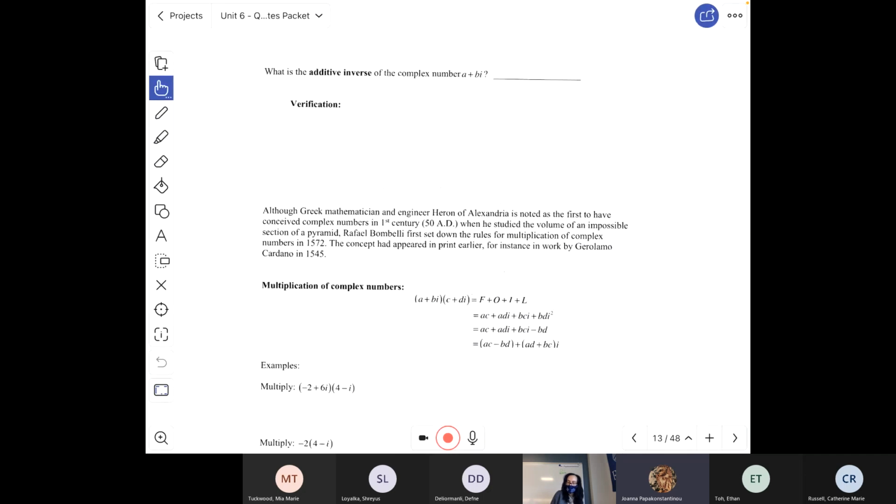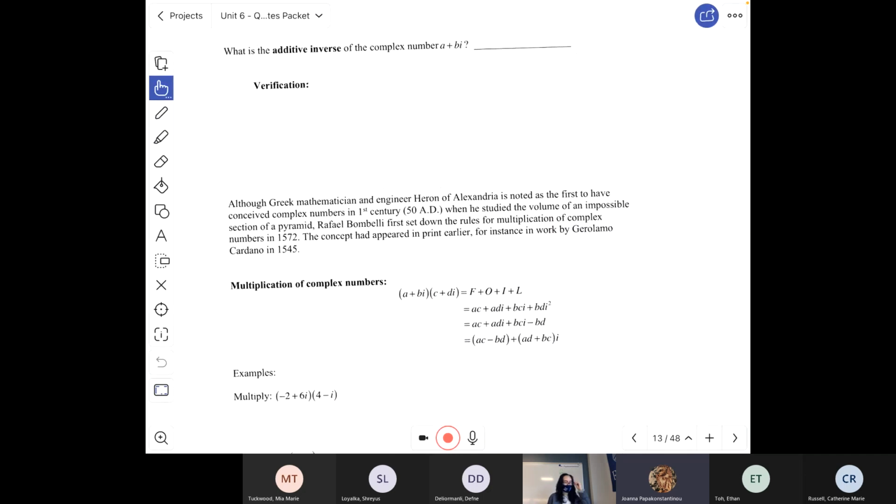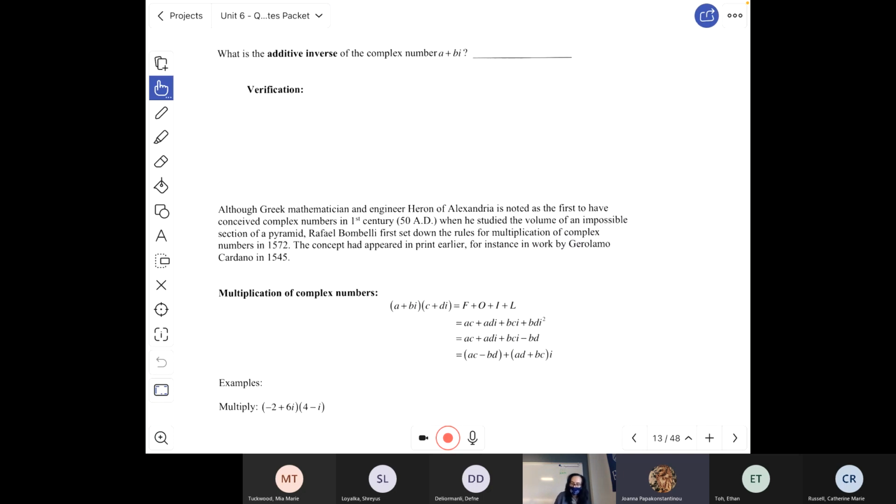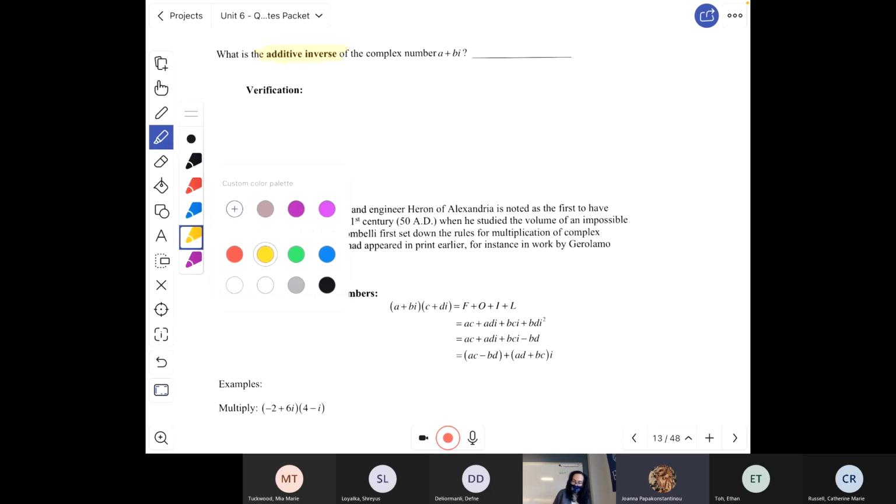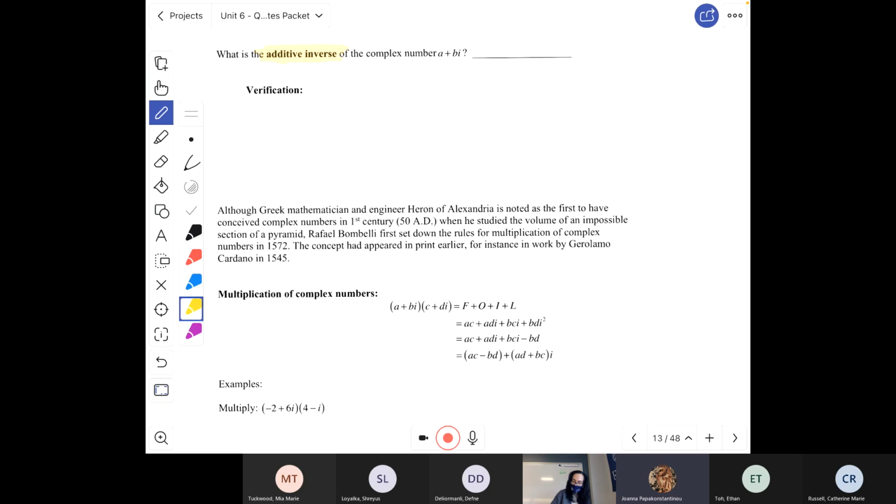Now, why am I stressing the fact that you want to write your numbers in standard form? Well, if you look at a complex number in standard form, we need to be able to represent the additive inverse of a complex number. So the additive inverse, remember, you're asking yourself, what am I adding to this to get 0? What am I adding to a to get 0? Negative a.